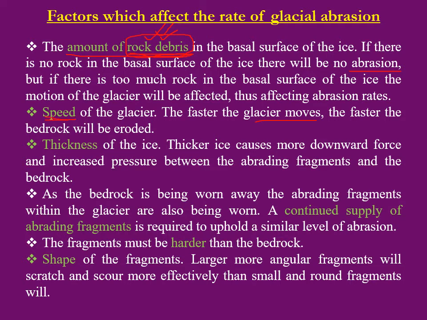Whereas if the speed of the glacial ice mass over that area during the 1 year is very low, a low amount of ice mass and rock debris passed over that area. So speed is directly proportional to the abrasion rate.